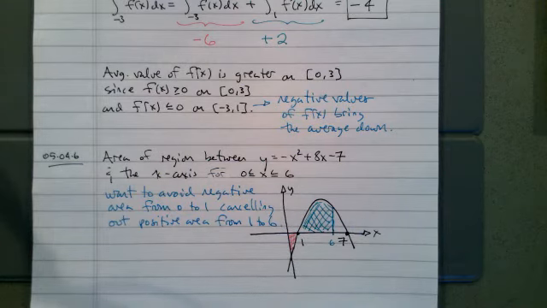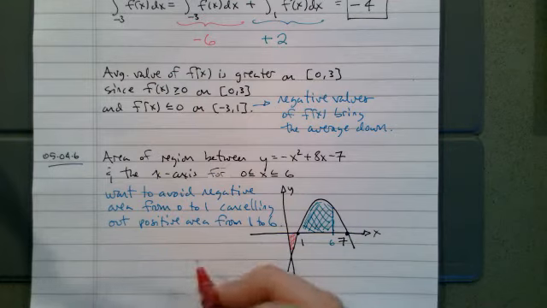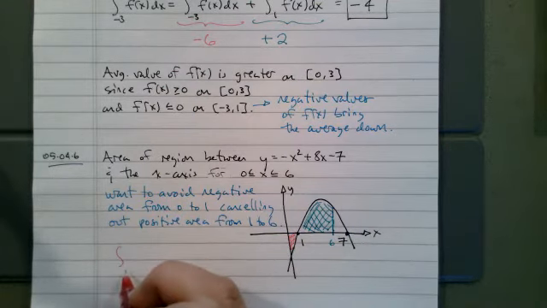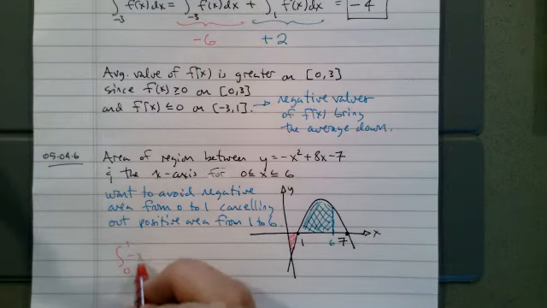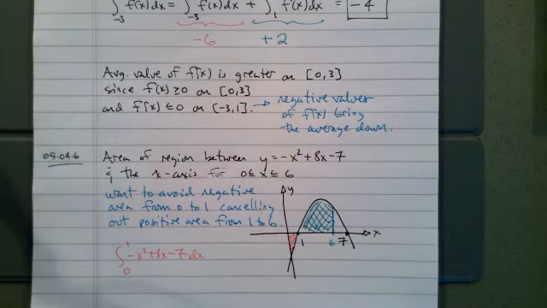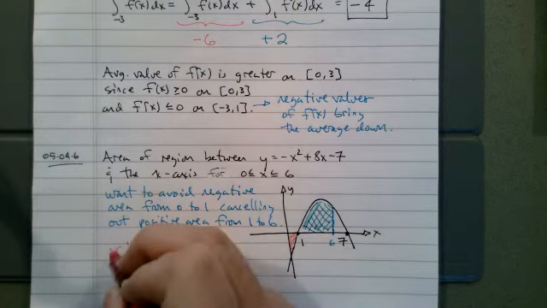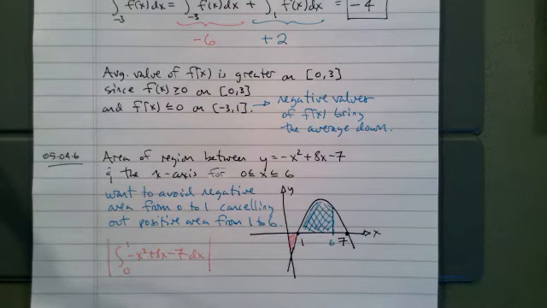So what we want to do is integrate from 0 to 1 the function minus x squared plus 8x minus 7 dx. Then make this negative, change the sign, or just take the absolute value to make it positive, and then add the integral from 1 to 6 of minus x squared plus 8x minus 7.